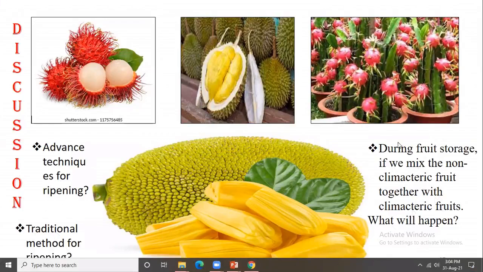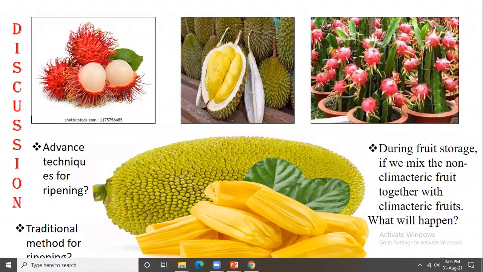One more question: during storage, if we mix non-climatic fruit together with climatic fruit, what will happen?